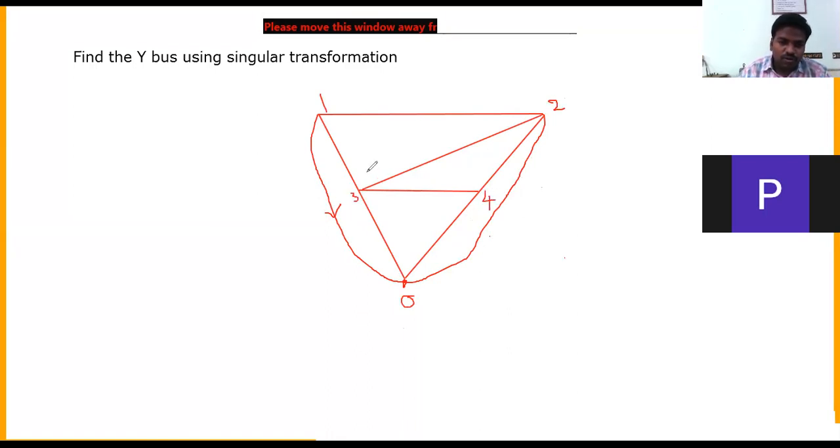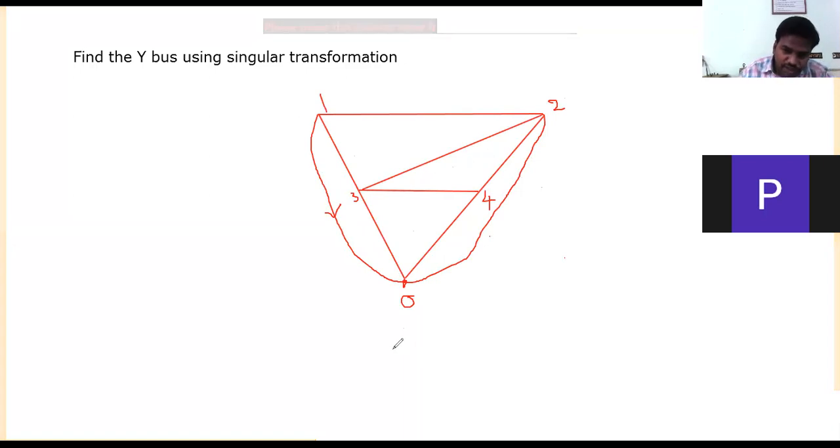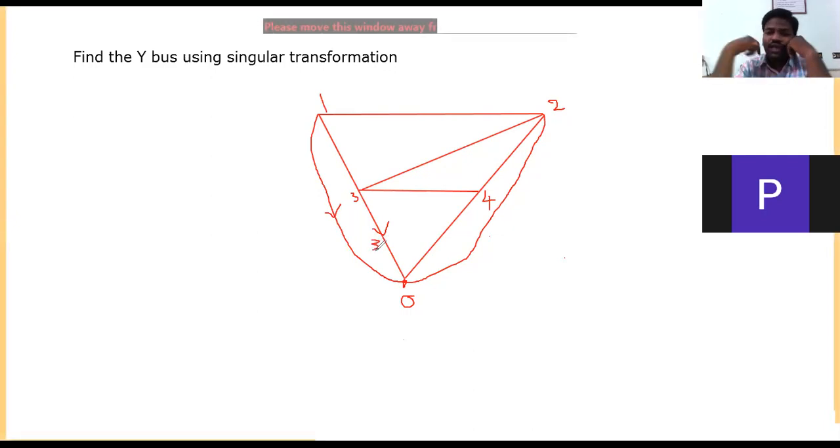Now the directions are also very important here. Why? To form the element node incidence matrix, we are substituting the values of either 1, -1, or 0. So how can you substitute those values?